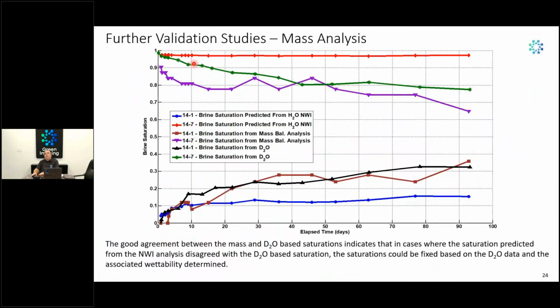So the mass agrees with the D2O data, and it further cements that the D2O data is the real saturation, which we were pretty confident in already. If you have the D2O data, you can always fix the saturation at the D2O value and then back out the wettability without any discrepancies.